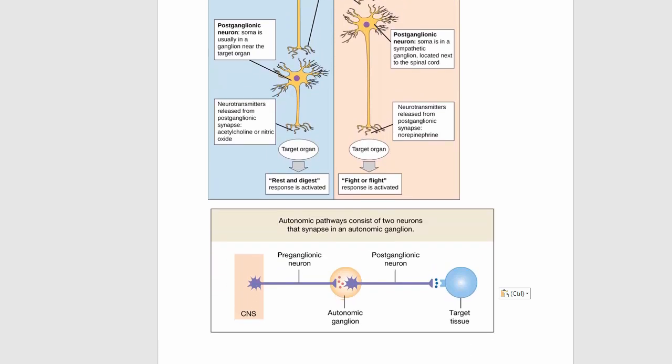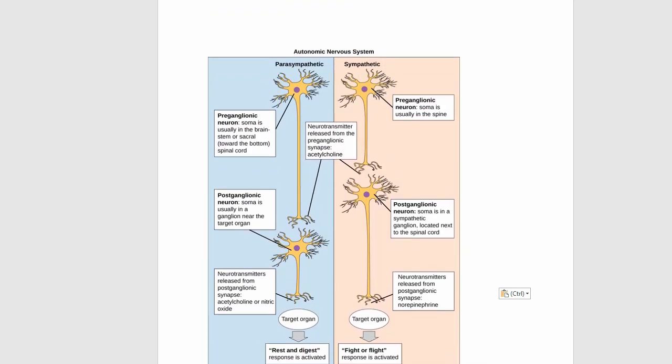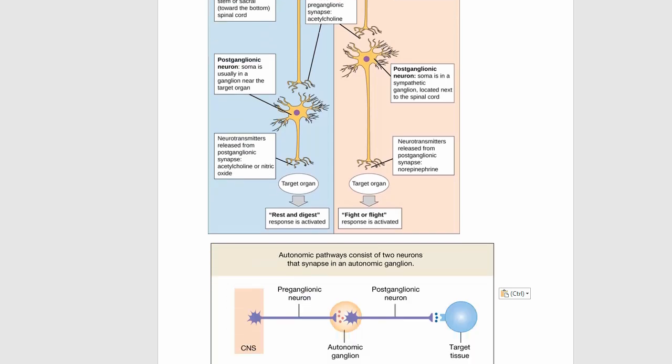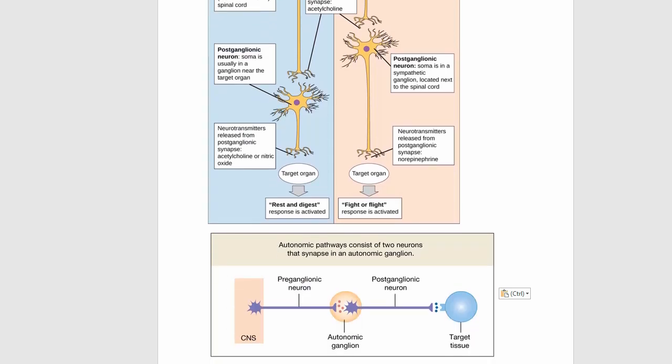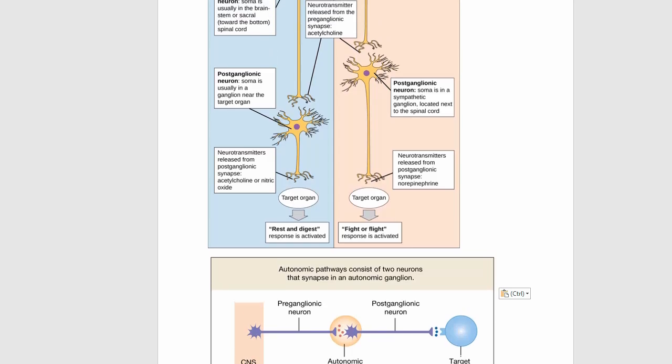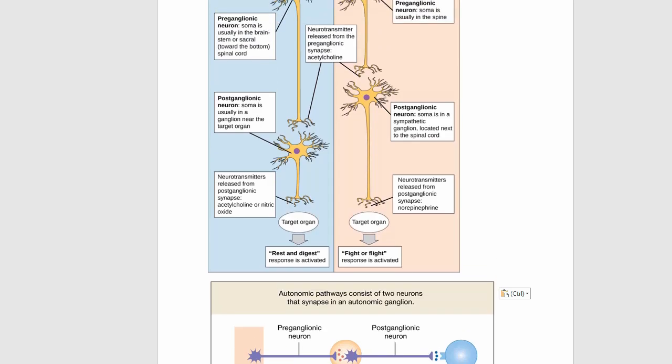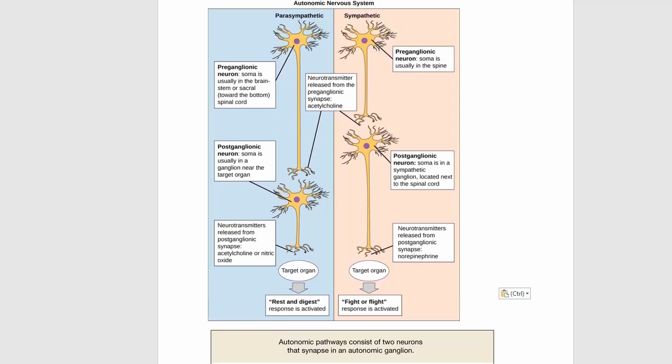You have the preganglionic neuron, so that's these ones from the brain or the central nervous system, and then the postganglionic, it's gone to this autonomic ganglion, which then goes to the target tissue, whatever organ that may be. The preganglionic neuron in both the sympathetic and parasympathetic systems both use acetylcholine, and that's what this part is mentioning here.